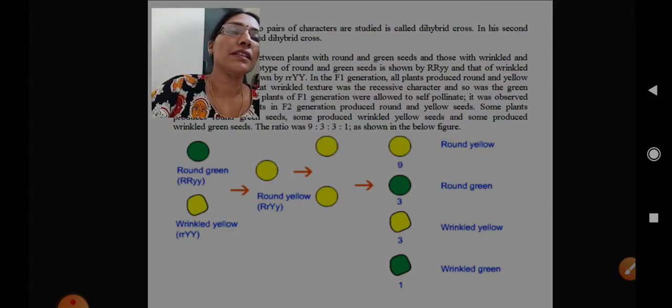You can see in the parent generation there was only round yellow, but in the offspring we can see 4 different categories.